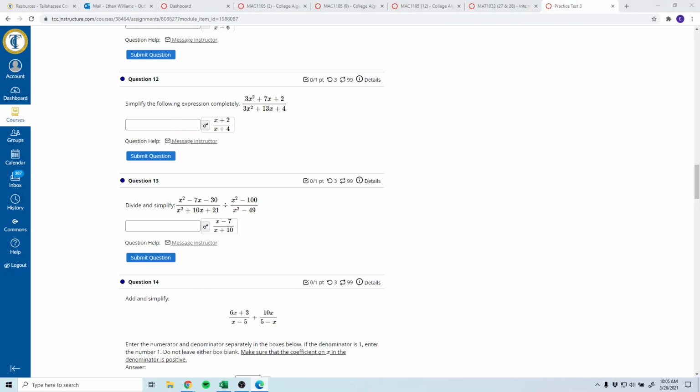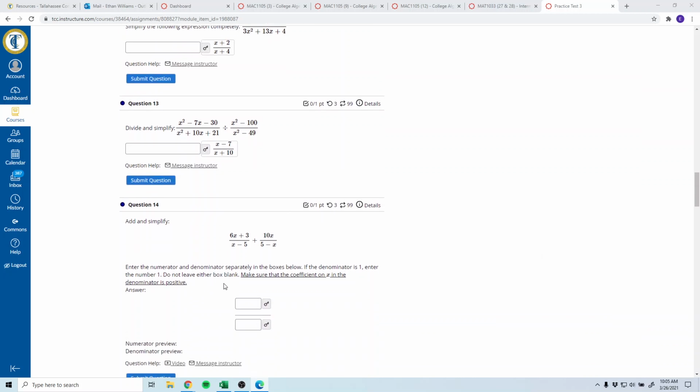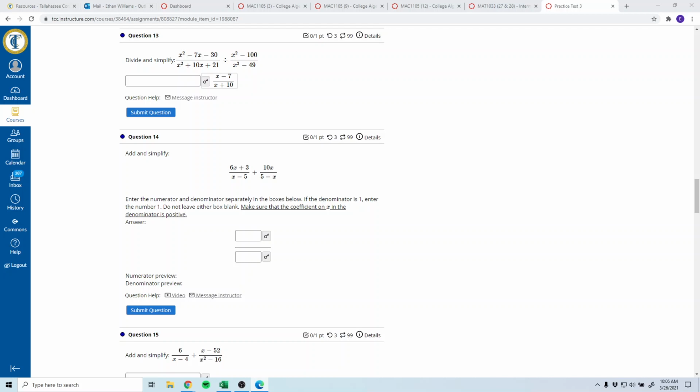Right, number 14. Number 14, we want to add and simplify. We got 6x plus 3 over x minus 5 plus 10x over 5 minus x.